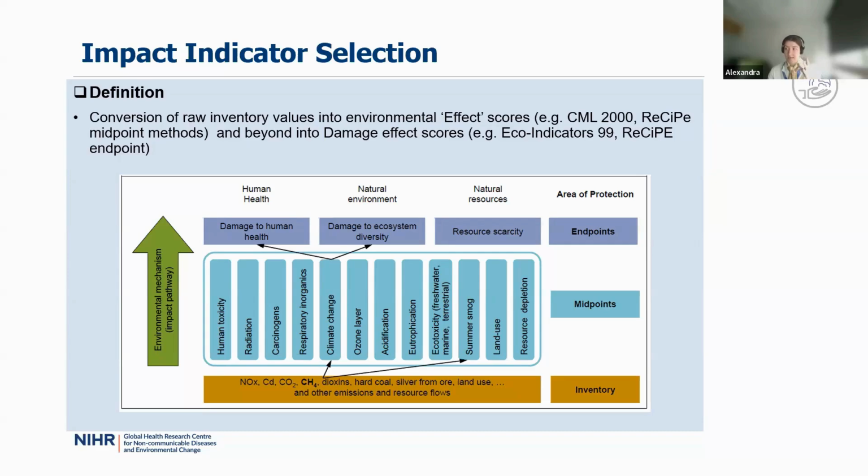The way these impacts are calculated, they are calculated by the software. So don't panic, you will not have to do this from scratch. It looks at all the associated emissions. So that can be NOx, cadmium, CO2, methane, other sorts of emissions, and it groups them by the sort of effect that they might have.